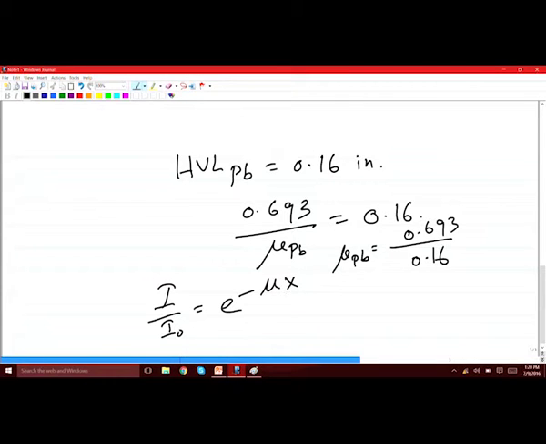So, we are looking for this thickness x, which will make this 0.001. And mu is this, which we simply got from the HVL.